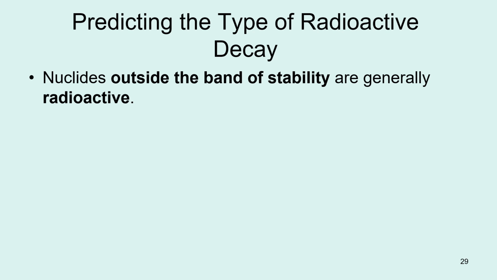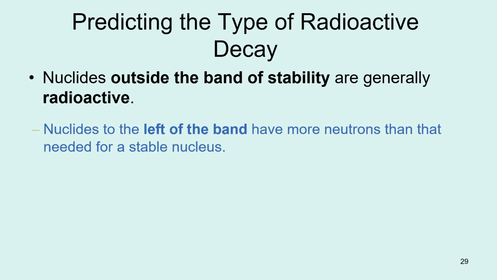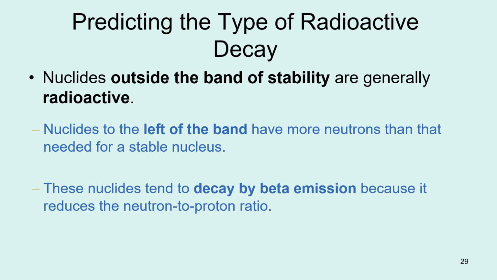Like I said, it's the nuclides outside the band of stability that tend to be radioactive. Things to the left of the band have more neutrons than they need, so they want to convert neutrons to protons. They tend to decay by beta emission, reducing the neutron to proton ratio.